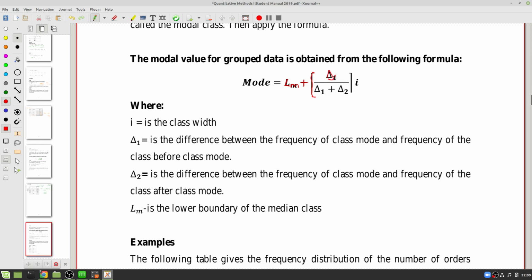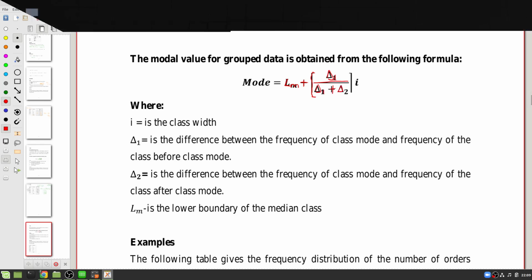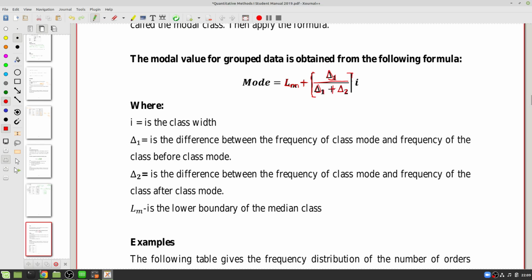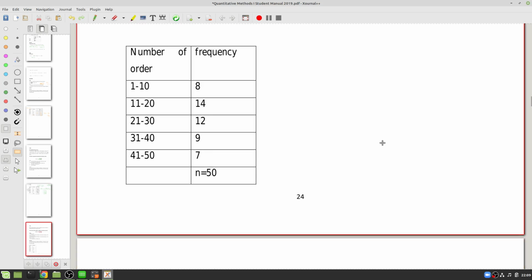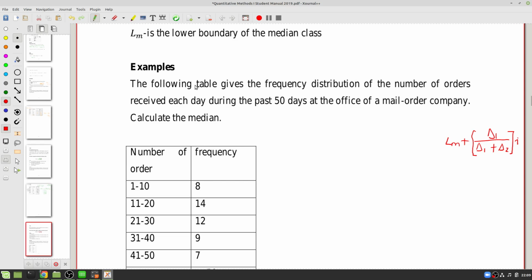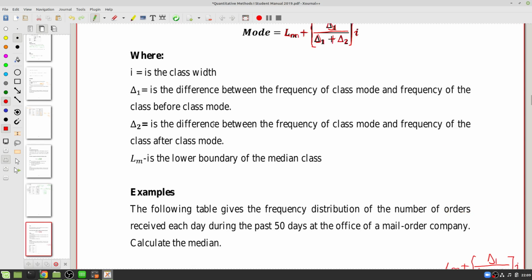Bracket delta 1 over delta 1 plus delta 2. So delta, again, that's just the capital Greek D and I. Good, let's copy that one and paste it on the next page. So again, we're going to be using a cumulative frequency here.